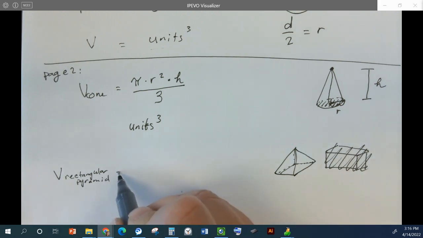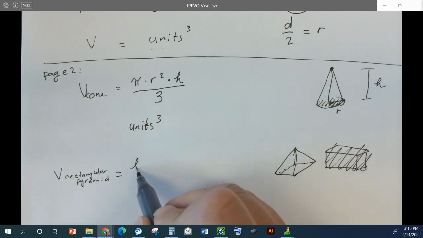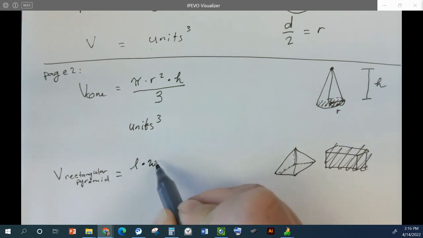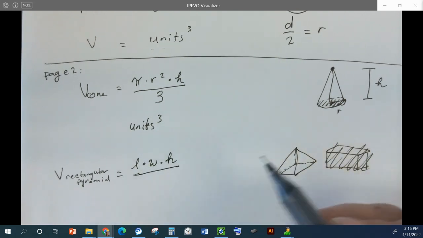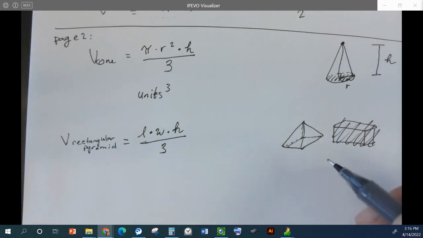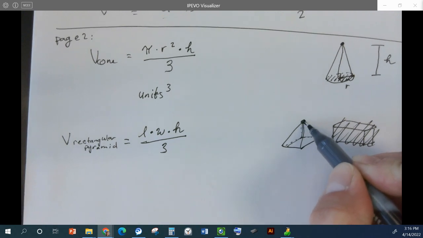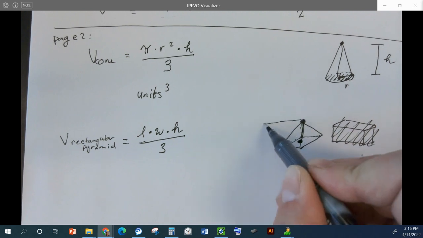So the volume of a rectangular pyramid is length times width times height, and then we just divide it by 3. This is also a nice pyramid, so we need to measure from the top, the point, to the flat face on the bottom. That's going to be the height.